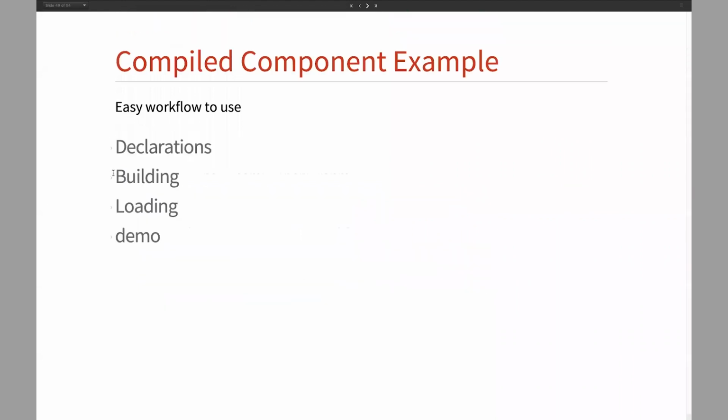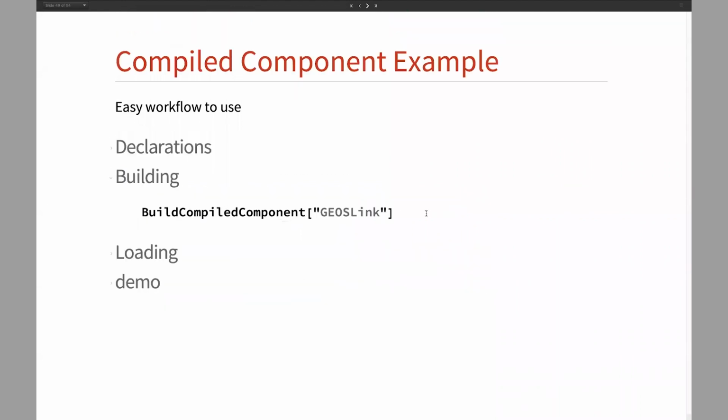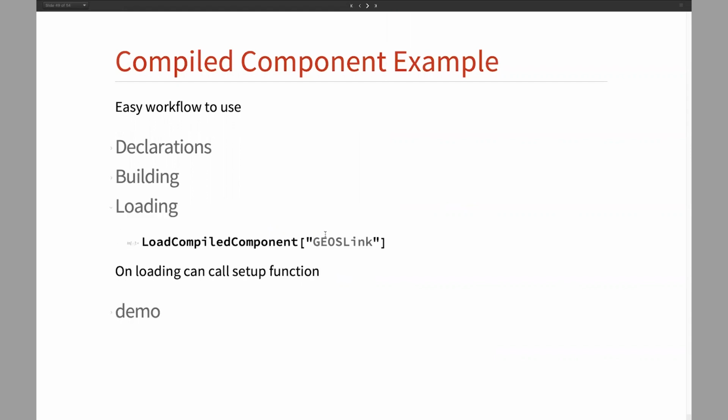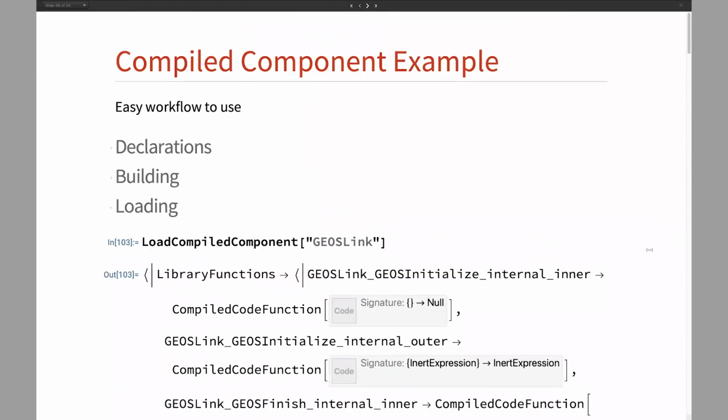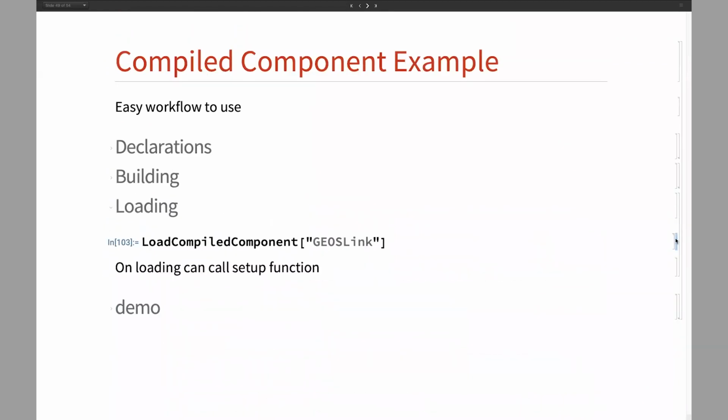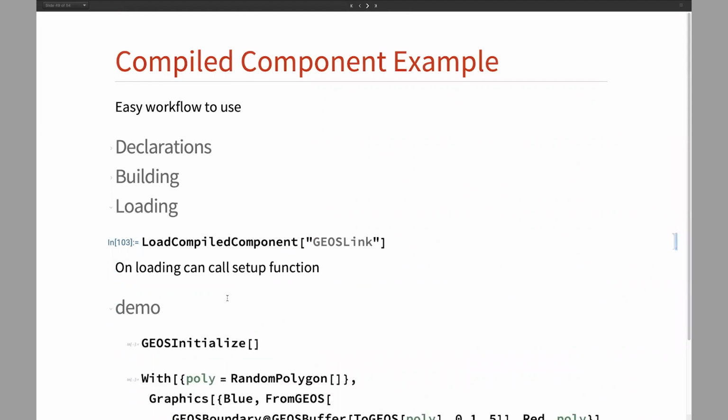But you might also want to make a library, and this will invoke the compiler to build libraries that you could then load. If I'm lucky, I can then load the library, and there we go. And it returns all these things that it's done. And then we can see a little demo of this.